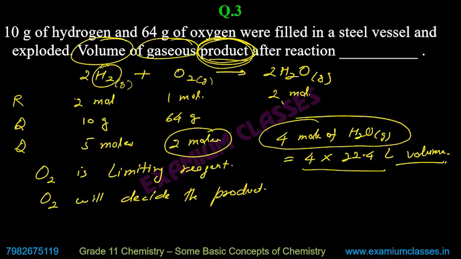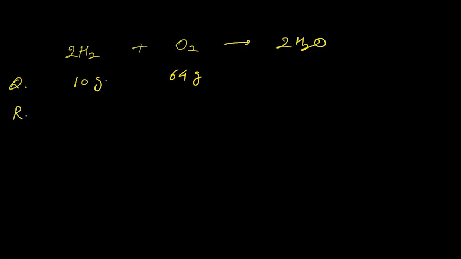Okay, so even if you do it through mass, here you have 64 grams of oxygen, here you have 10 grams of hydrogen, as given in the question. According to the reaction, 4 grams of hydrogen, 2 into 2, the atomic mass of hydrogen, and here 32.